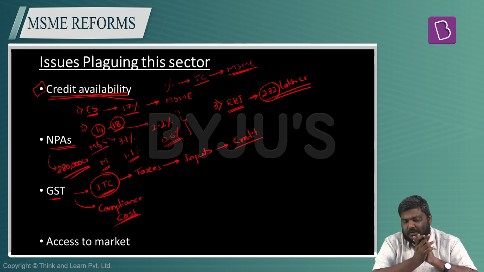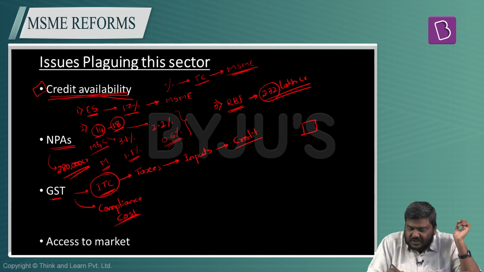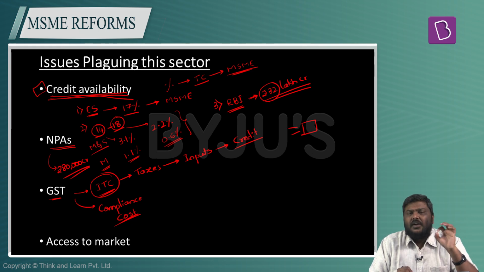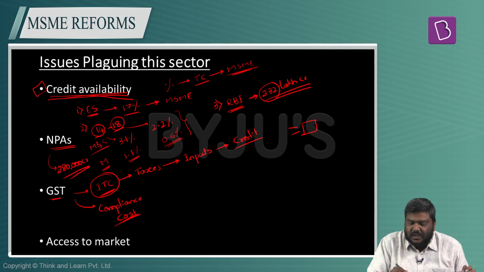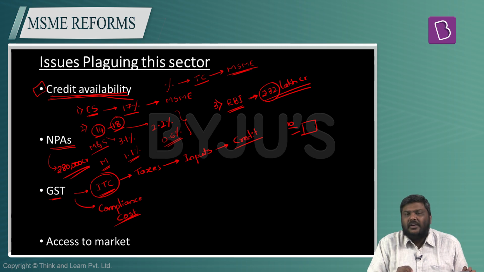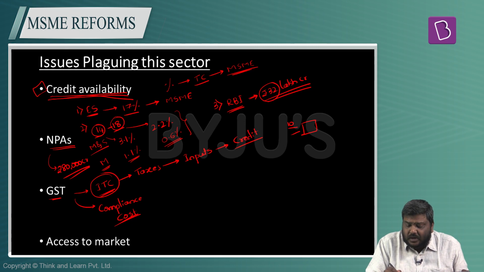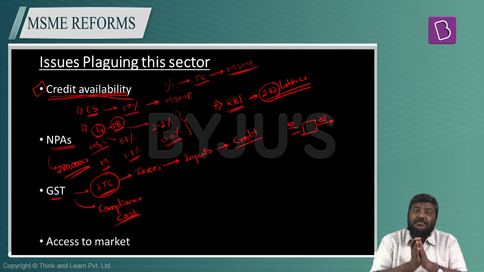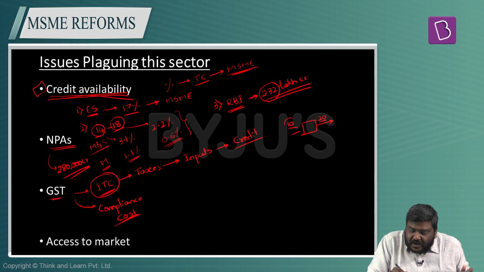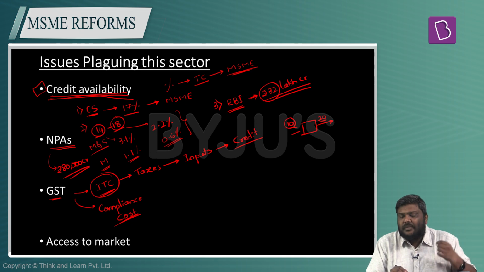Let me give an example. Let's say I've manufactured a product, but to manufacture it I've used two raw materials, and on these two raw materials, let's say hypothetically, I've ended up paying 10 rupees input tax. Now, when I manufacture this product and I'm about to sell in the market, the government says, pay me a GST of 20 rupees. But I as a manufacturer will simply tell the government, I've already paid 10 rupees as a tax on my inputs.